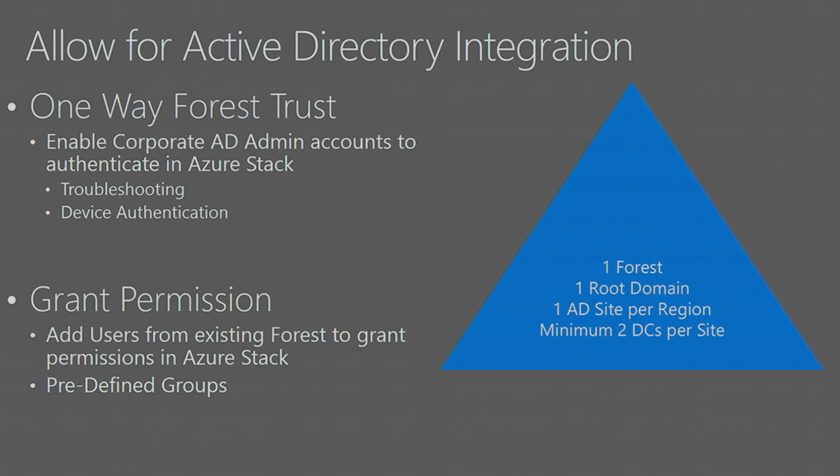So, some quick facts about the directory that comes with Azure Stack. No matter how many regions you're going to run of Azure Stack, if it's an instance with multiple regions, it's going to be one Active Directory forest. It's one root domain. We're going to do an AD site per region, and we do a minimum of 2 domain controllers per scale unit.